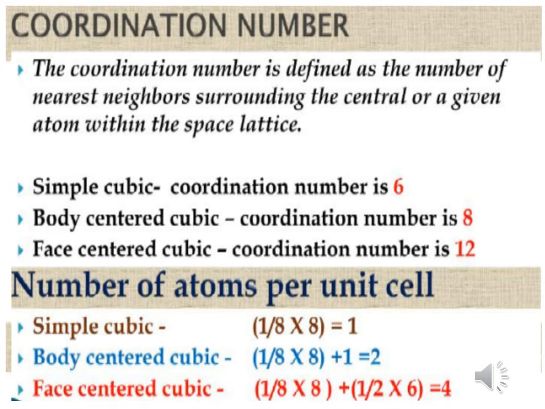First characteristic, coordination number: SCC 6, BCC 8, FCC 12. Second characteristic, number of atoms present per unit cell: SCC 1 atom, BCC 2 atoms and FCC 4 atoms.